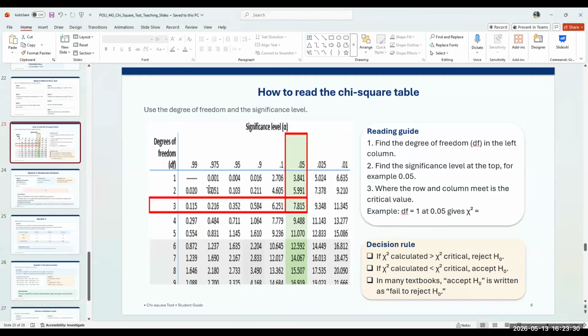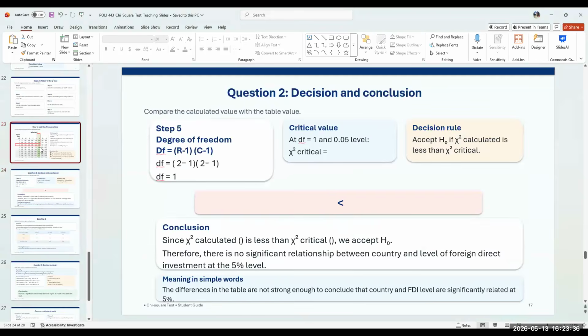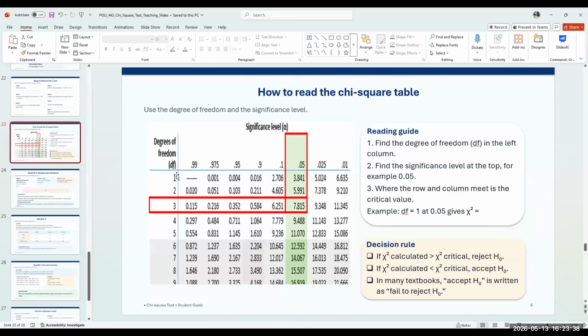Let me come in and give clarity to this. If you solve and you get 1, on the table it is traced like this. You see degree of freedom. This is where you find your answer, where your answers will fall: 1, 2, 3, 4, 5, 6, 7, 8, 9. So on the column you have the numbers written here. When you find your answer, let's assume that my answer is 4.